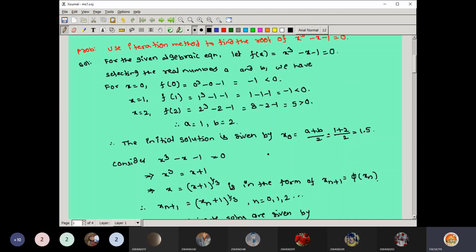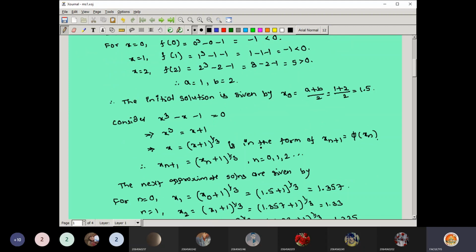The given expression, you suppose it as f of x, and try to calculate the real numbers a and b. Find out the starting solution by the formula (a plus b) by 2. Once you get that, go to your given equation and write x equal to something by selecting the highest degree term.